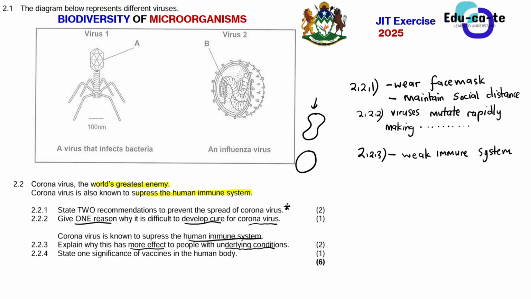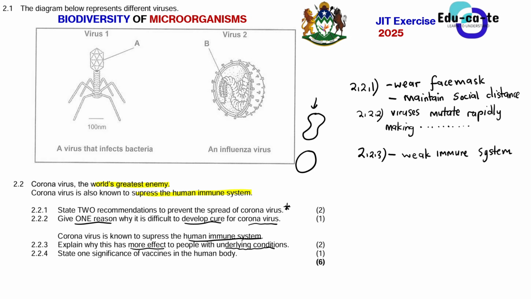For example, if we take a person that is perfectly healthy, that does not have any illness, they've got a strong immune system. Then we take someone that has got an underlying condition, someone that has got an illness already, they have a weak immune system. And remember that the coronavirus that is introduced to both of them suppresses the immune system. So when the coronavirus is introduced to the healthy person, their immune system will not be that weak.